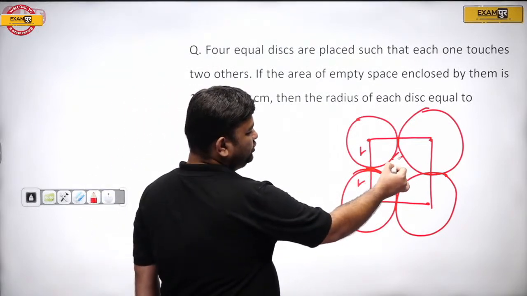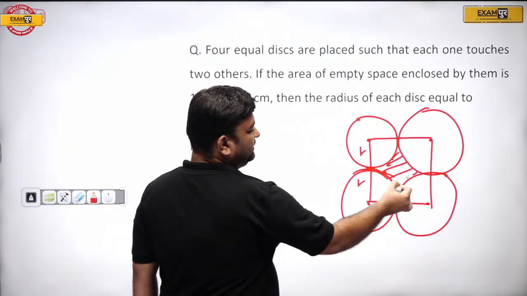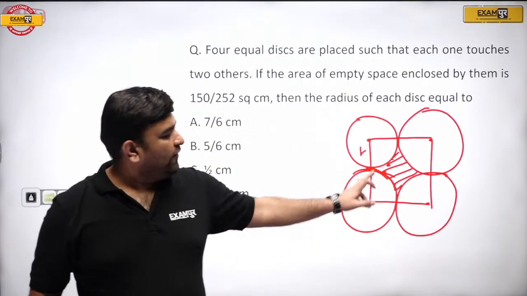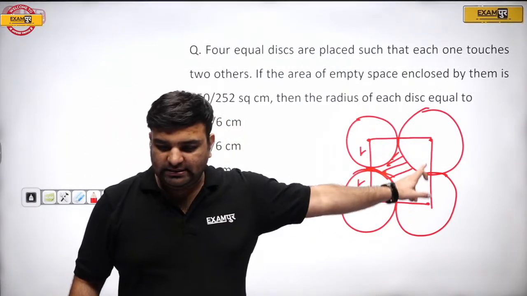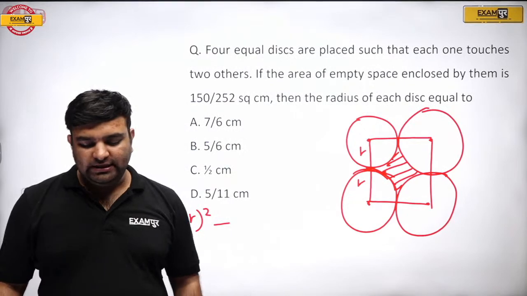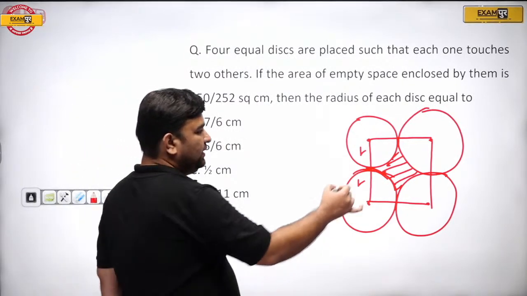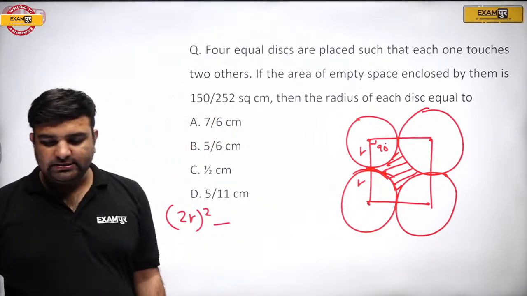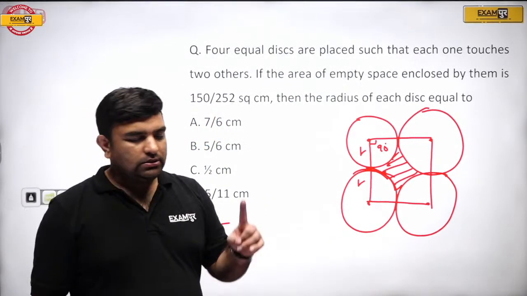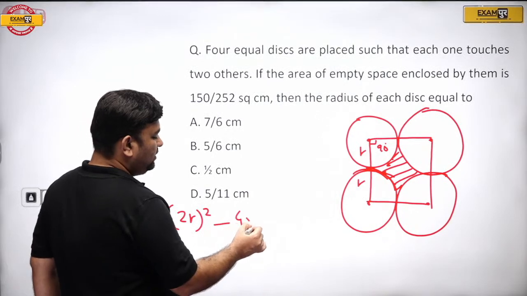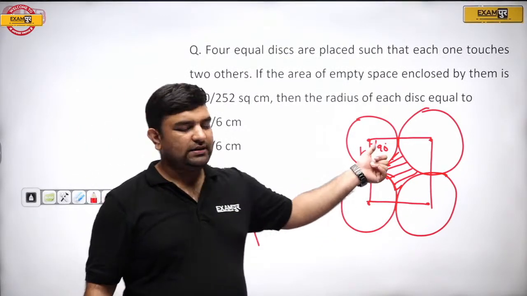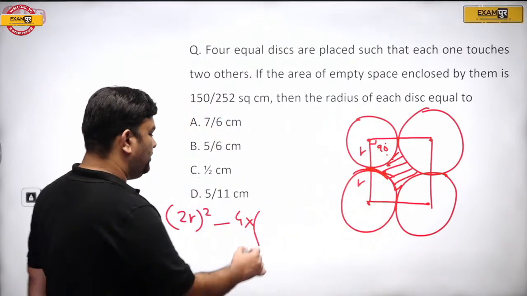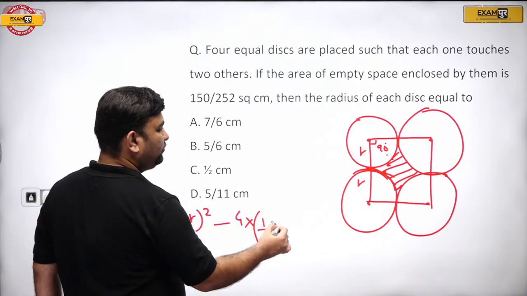This area is given to you. You have to subtract these four parts to get to this area. This is a quadrant of 90 degrees. So four quadrants, and every quadrant is 90 by 360, that is 1 by 4 pi r square.